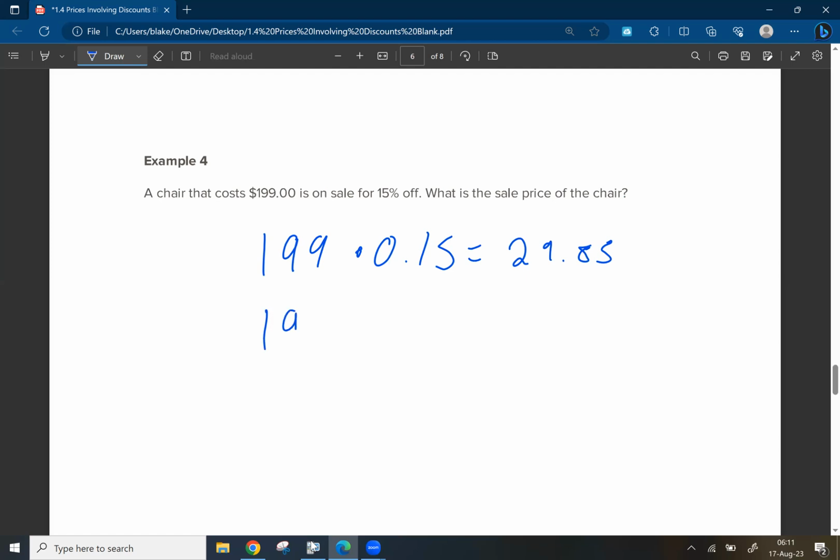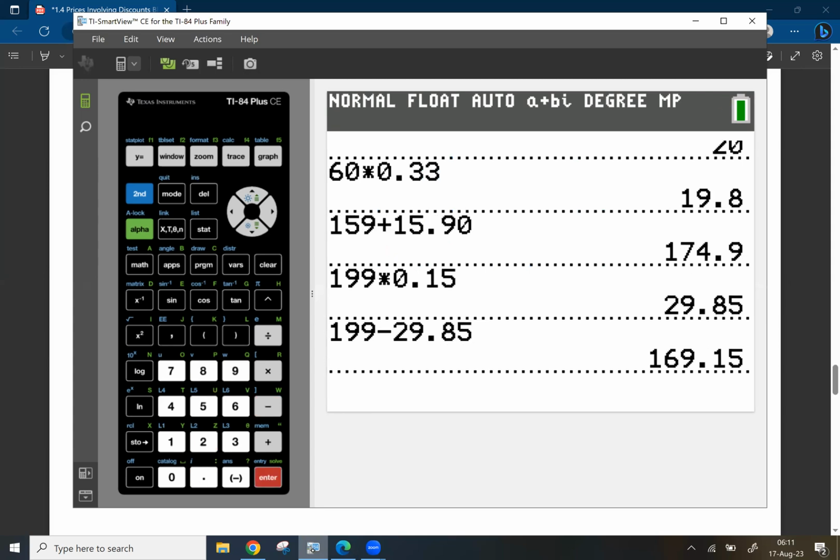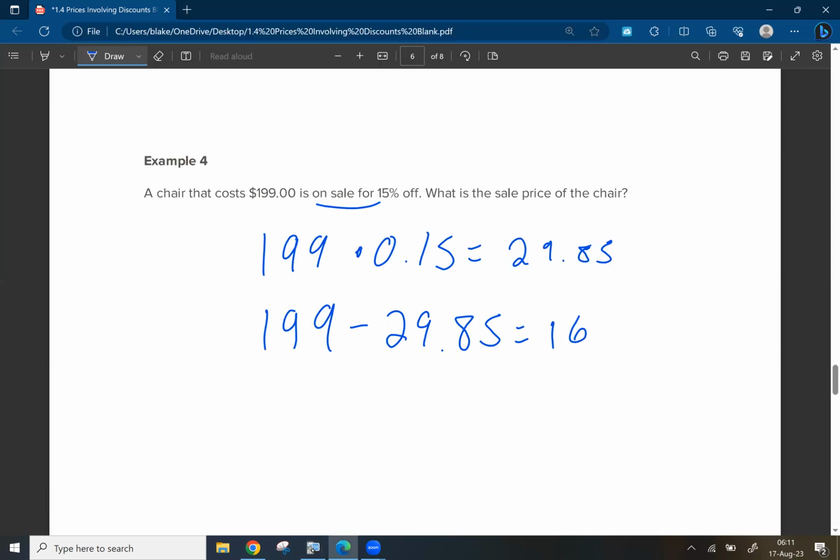So that's how much is being subtracted from the price, because again, it's on sale, it's a discount. So subtract $29.85 from the 199 to see what it's being sold for now. We get 169.15 is the current sale price, 15% less than 199.